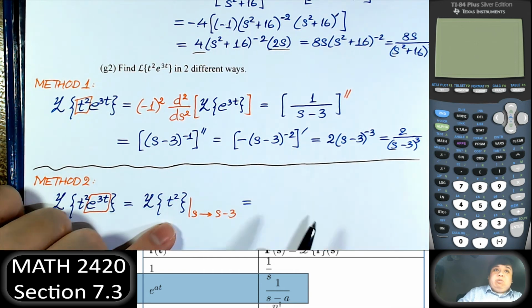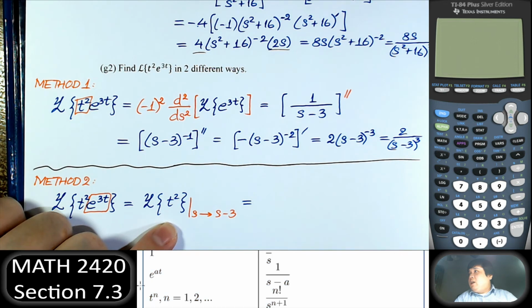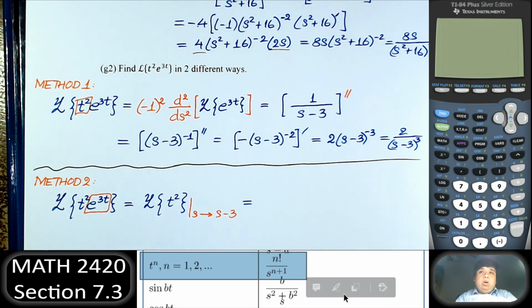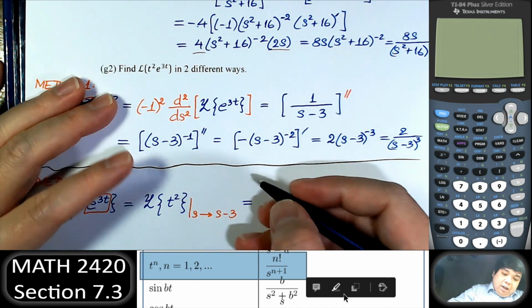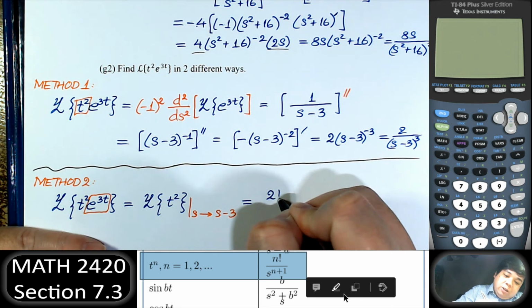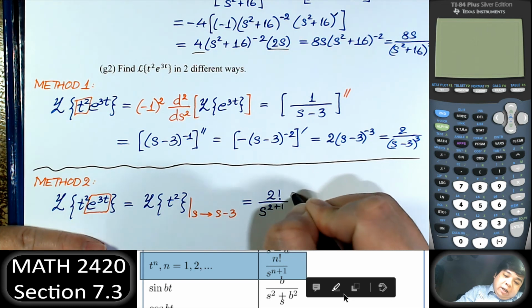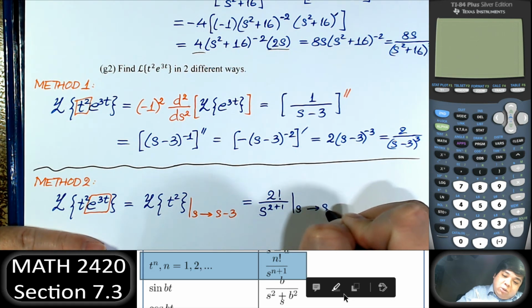So, Laplace transform of t squared, so we have n equal to 2 over there. So n is equal to 2, so 2 factorial over s to the 2 plus 1, and transform from s to s minus 3.